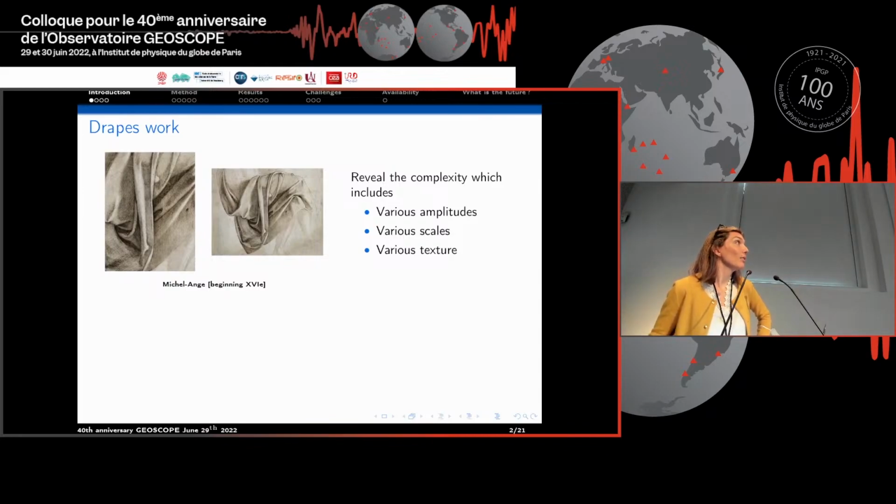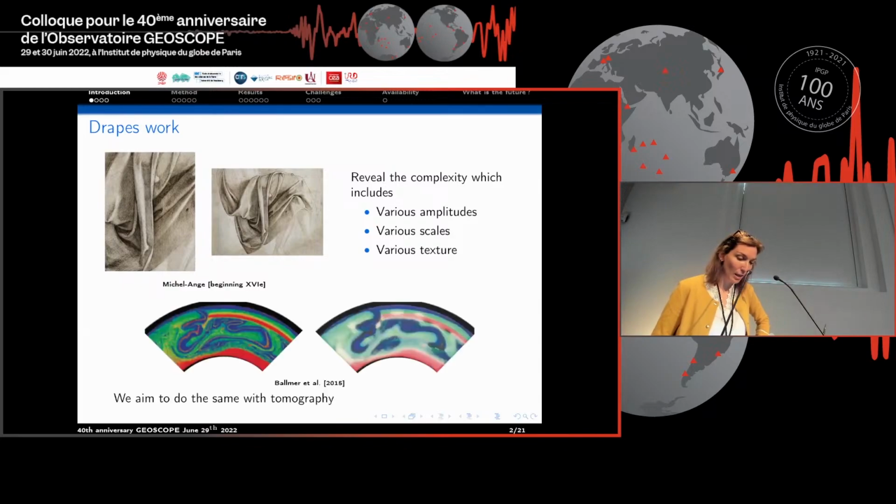And you need to reveal the various amplitudes, scales, and the texture of the fabric. And when it is very well achieved, you can even guess what is the structure that is hidden by the drapes. And I thought that our work as tomographers is a bit the same.